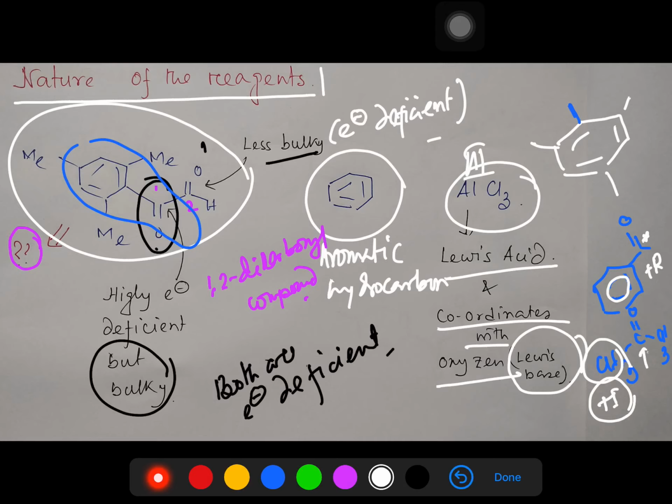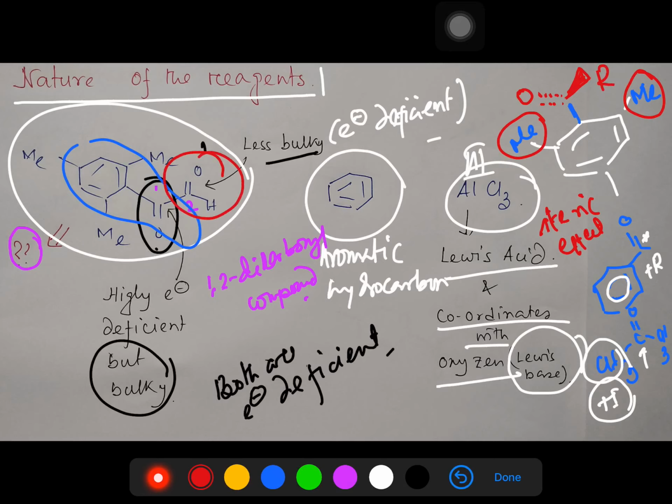Understood. Now what is special in the case of the mesitylene system? There are two ortho methyl groups, which introduce a bulk or steric effect. Because of this steric effect, the carbonyl group is forced to remain out of plane, one part below and one part above.